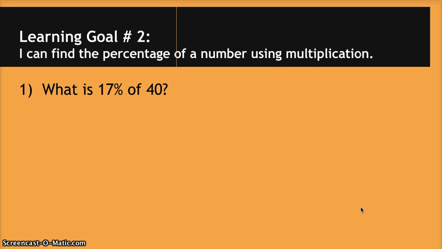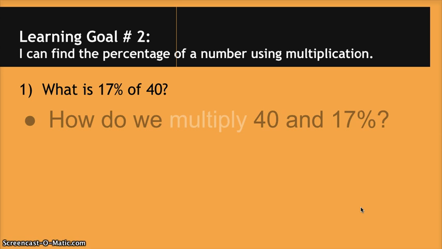So we're looking to learning goal number 2, where it says I can find the percentage of a number using multiplication to help solve our problem. So how do we multiply 40 and 17%? 17% is a little odd. We don't really multiply 17%.